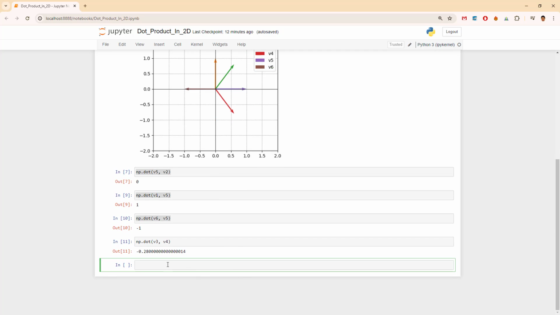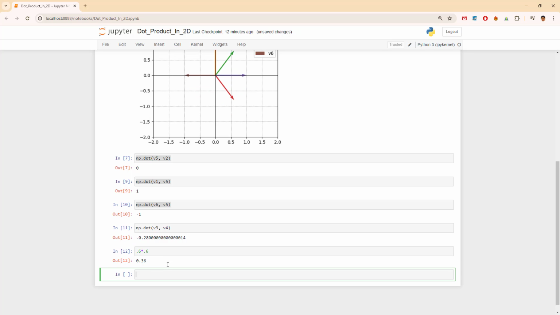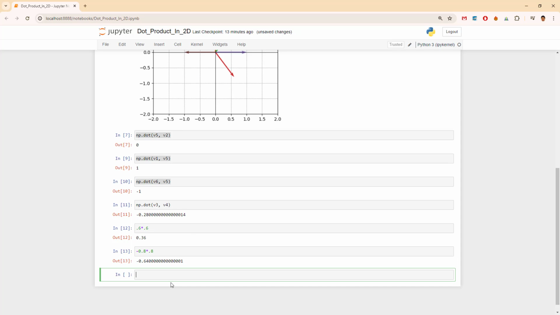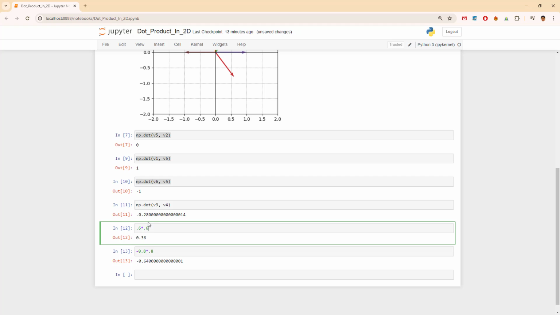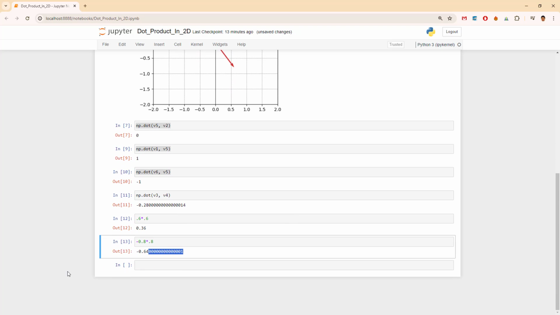So let's see, 6 times 6 and 8 times 8 with a minus. Okay, and we can see that the difference between these two is actually minus 28. Do not pay attention to these zeros here, they are there for float arithmetic.